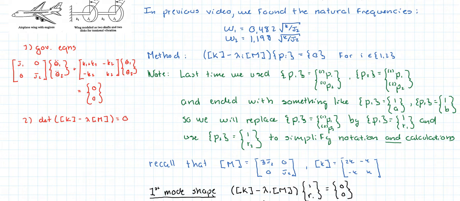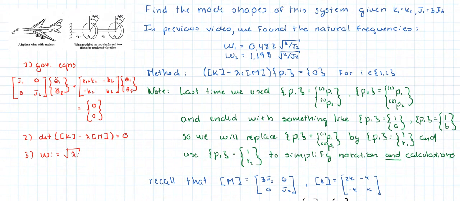And then number 3 is that the ith natural frequency is equal to the ith eigenvalue.